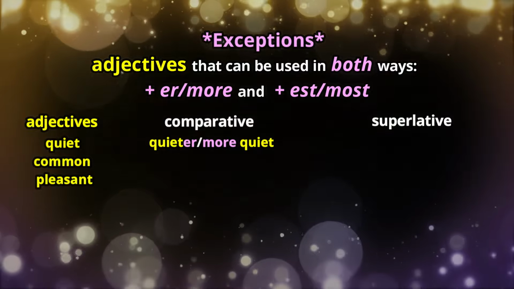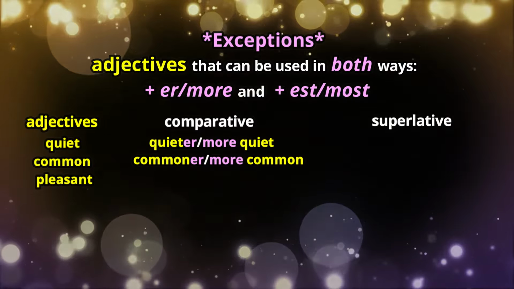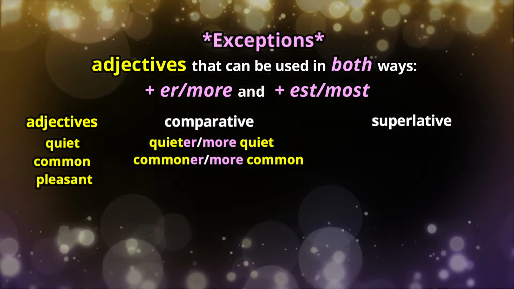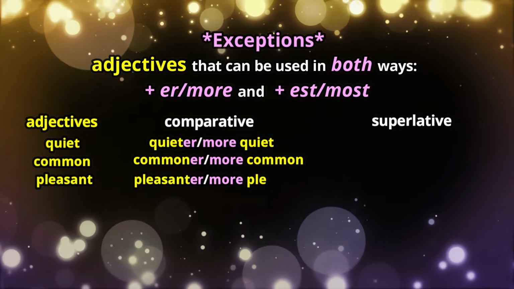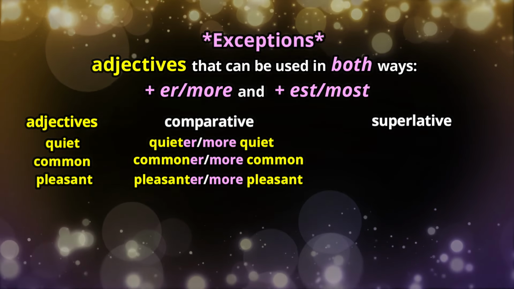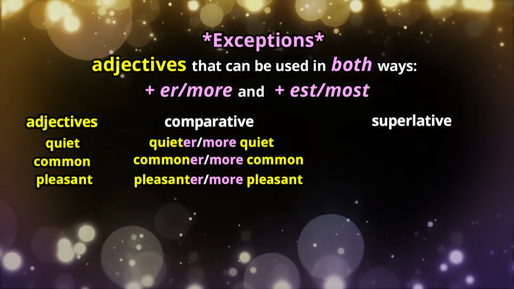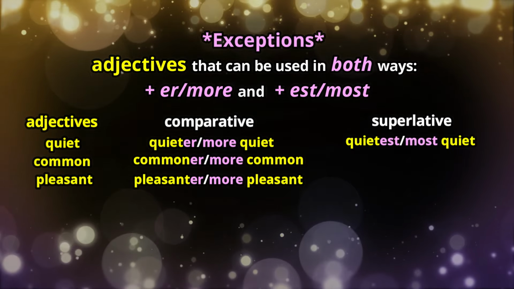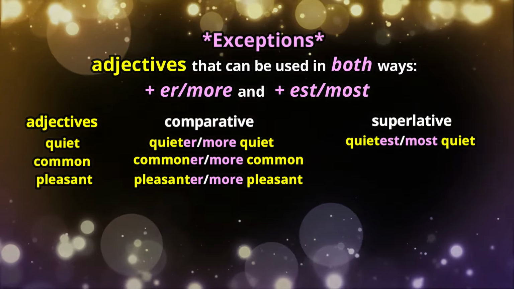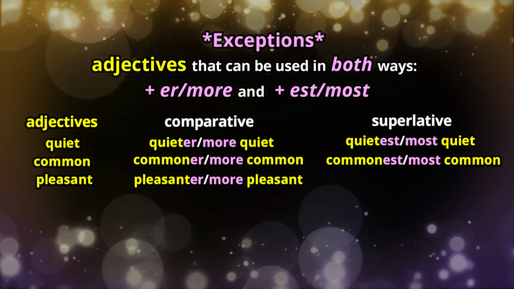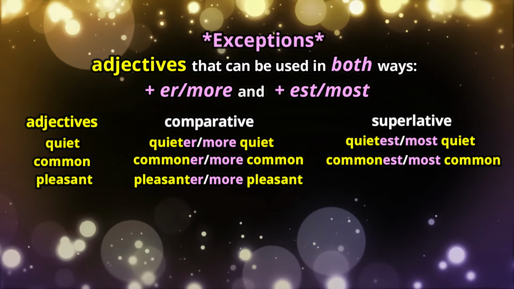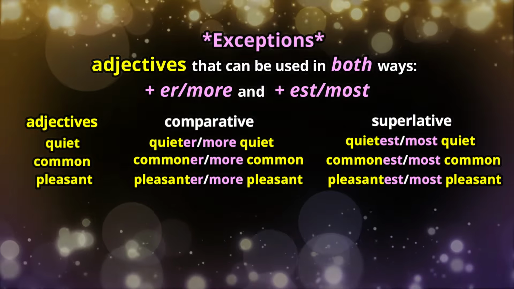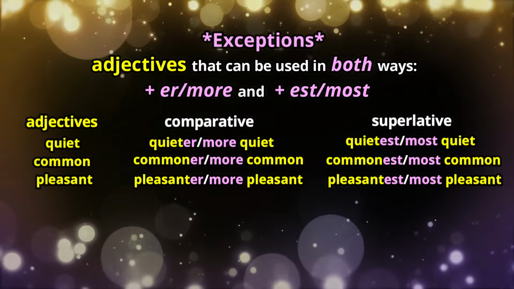And for common, it can be commoner or more common. And for pleasant, it is pleasanter or more pleasant. And the superlative can be either quietest or most quiet. And for common, commonest or most common. And for pleasant, it's pleasantest or most pleasant.